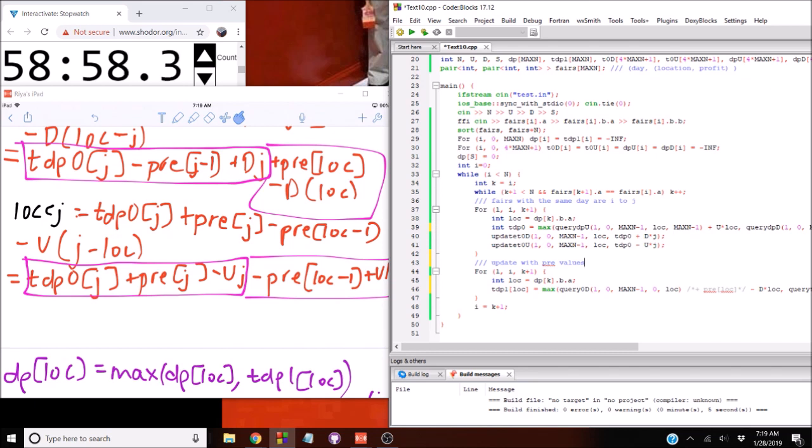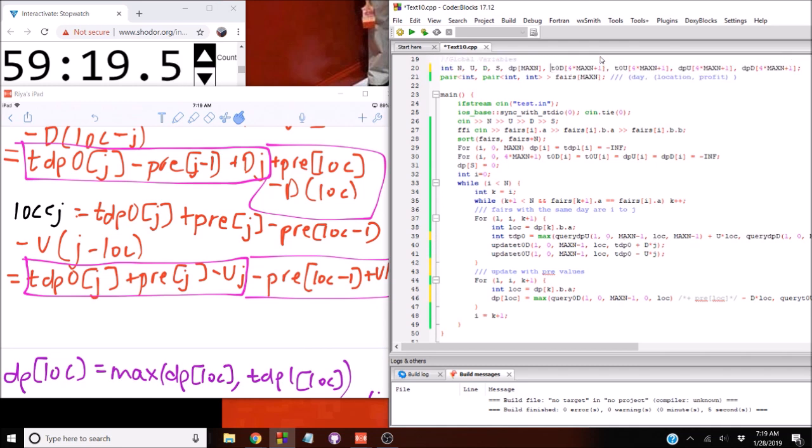I think the thing to realize here is that since no two events ever happen on the same day, we can just say that dp lock equals this, because dp lock originally gets set to 0, and so the max of tdp1. So dp lock will always be negative infinity the first time you see it, because each location only occurs once.